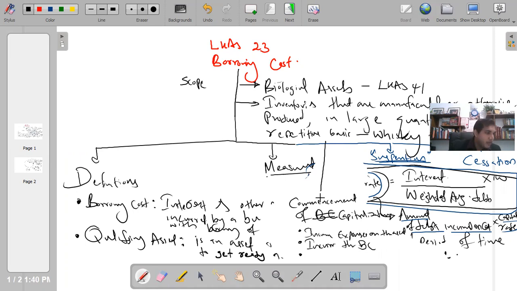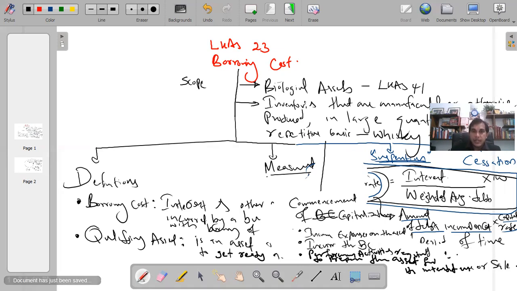Third one, performing activities required to prepare the asset for its intended use or sale.